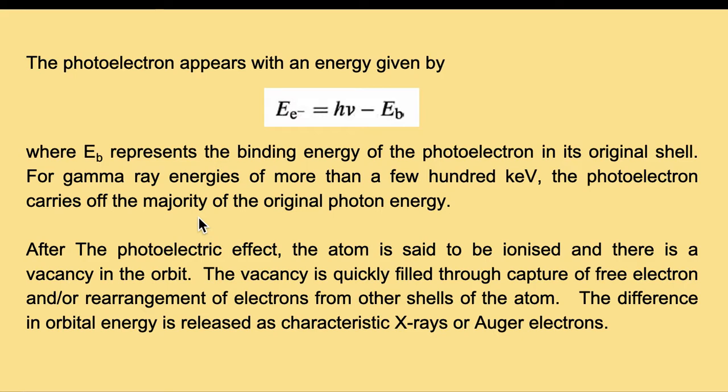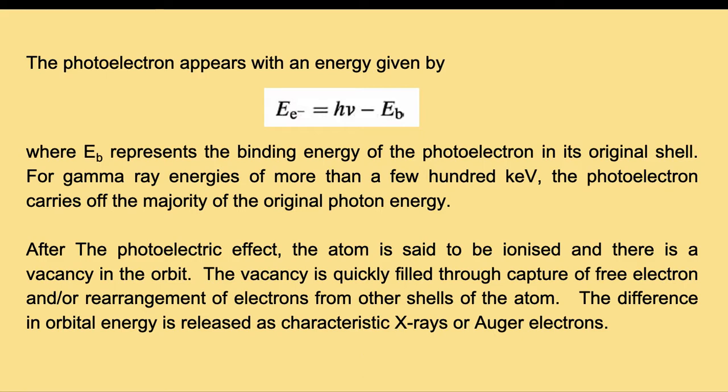After the photoelectric effect, the atom is said to be ionized and there is a vacancy in the orbit. This vacancy is quickly filled through capture of a free electron or rearrangement of electrons from other shells of the atom.